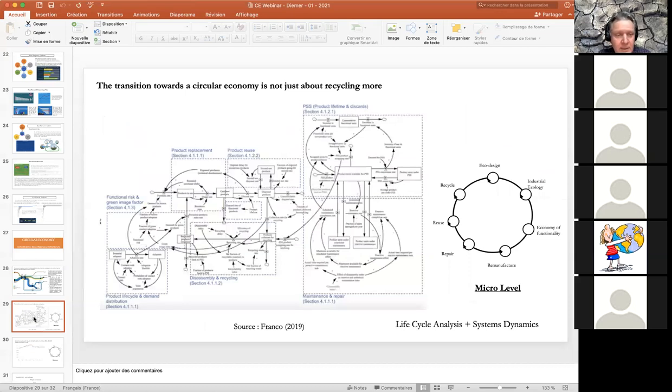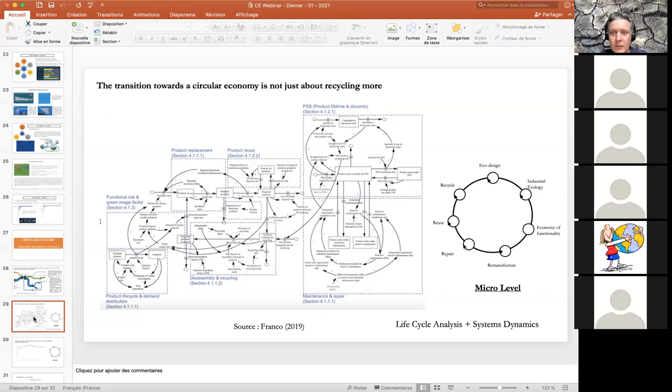The second one: if you imagine a transition toward a circular economy, it's not only just recycling. You really have to improve all the big R of circularity. And when I said system dynamics is useful, or life cycle analysis is useful, it's just to say that we have to develop this part in the process.